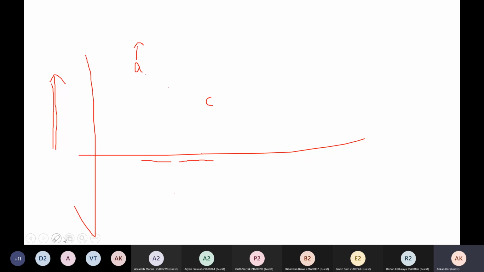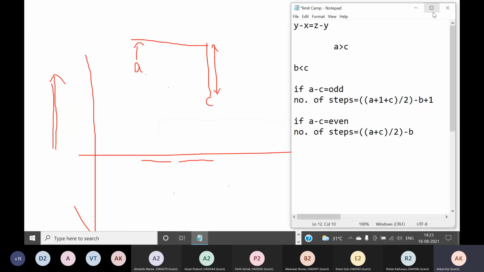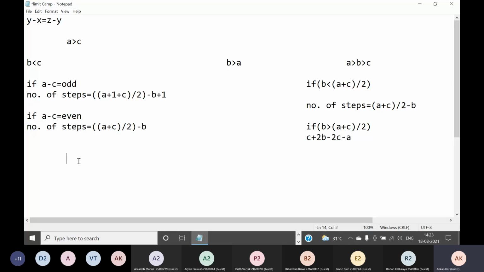C plus this distance is 2B minus 2C. This distance will be like that. So A greater than C is done.